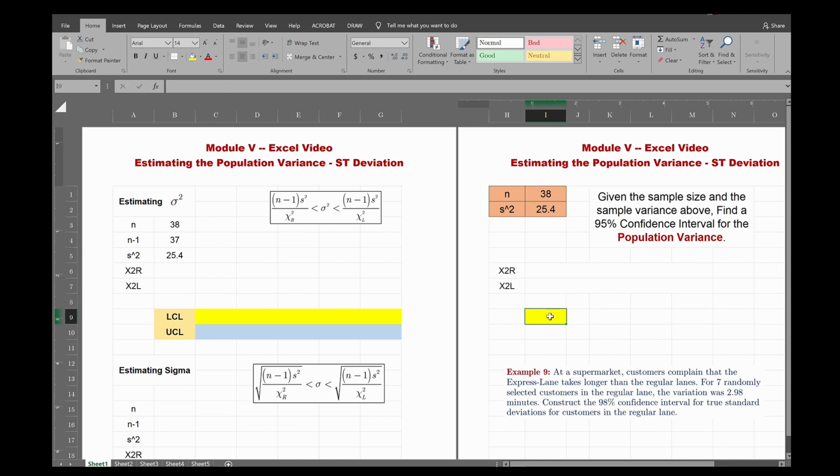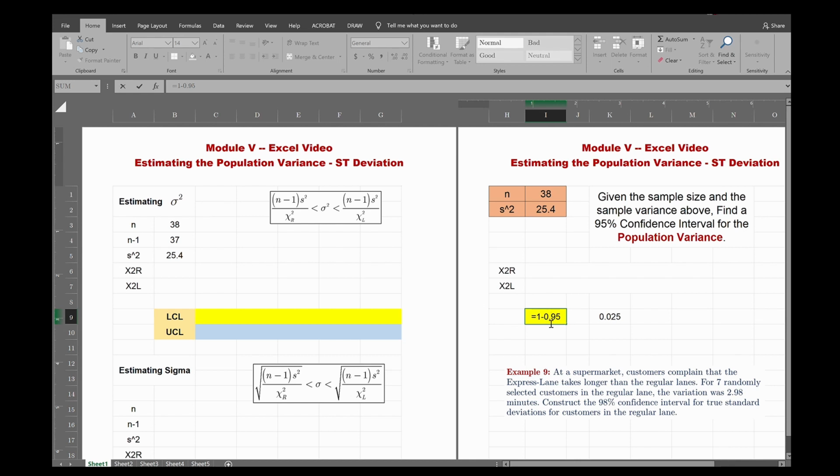And I'm going to figure out exactly the probability I need to type into my command when I'm ready to type it. So 95%, you do equals 1 minus 0.95, enter, so you get that. And then you take that and you divide it by 2. So it's two operations. You subtract 95% from 1.